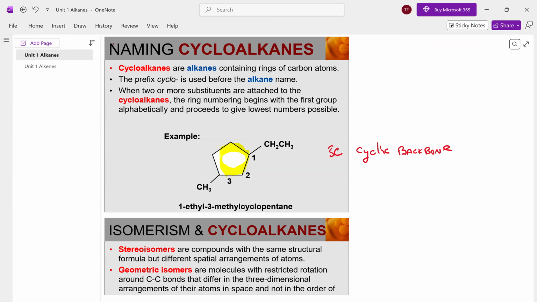And we have an ethyl and a methyl branch. Okay, again, 3 parts.